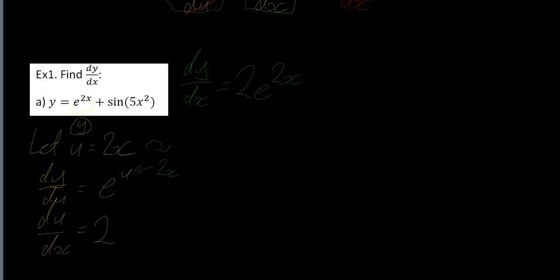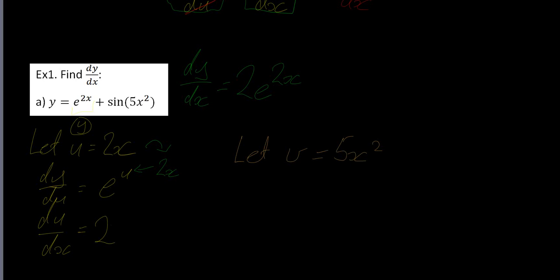And for the sine term, you can do something very similar. So this time we're going to let u, actually we've already used u, maybe we'll use another letter. It really doesn't matter what letter you use. We'll say let v equal to 5x squared. Now the reason for doing this is because we know the derivative of just sine x, right?